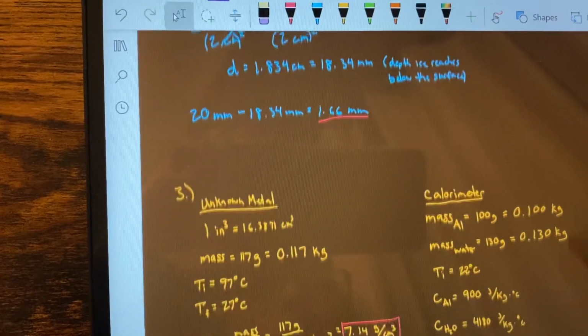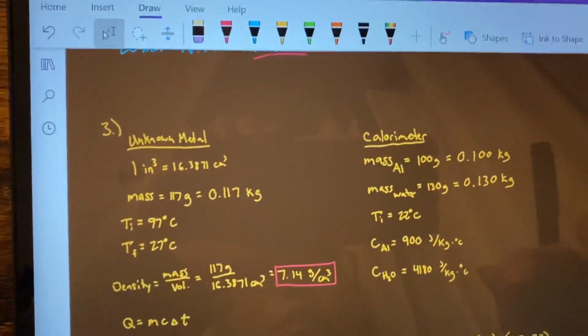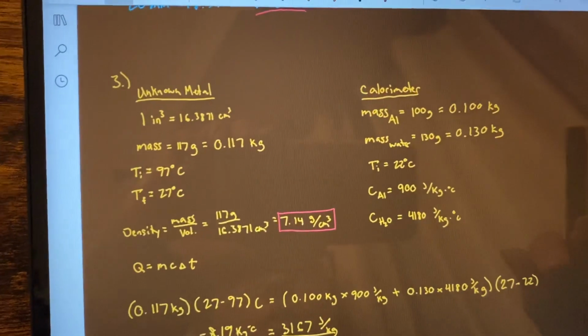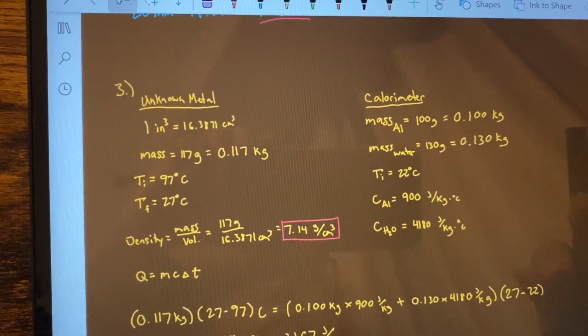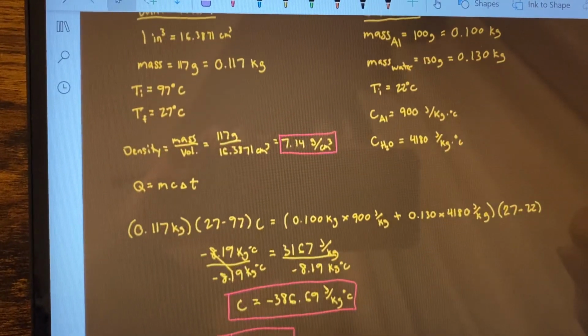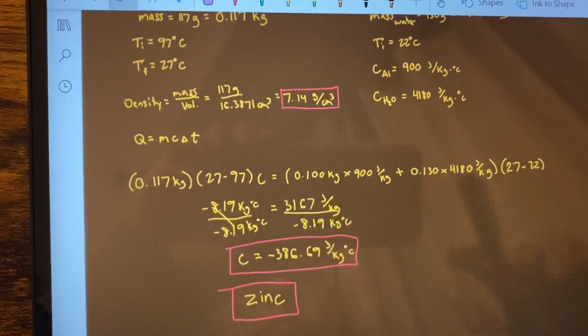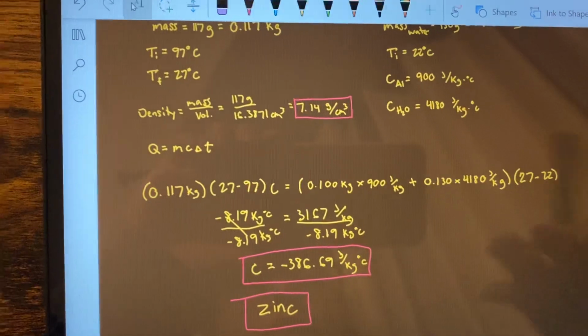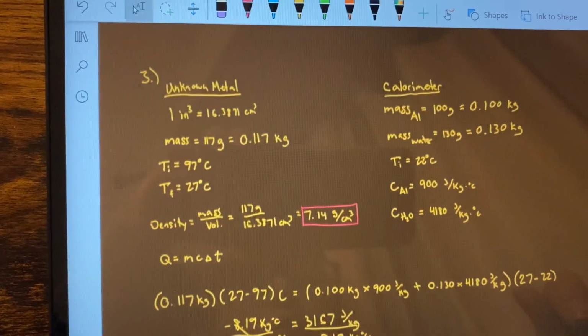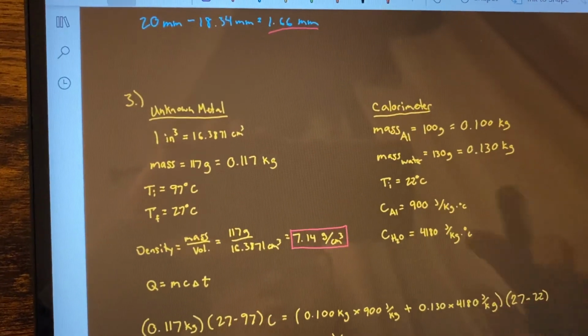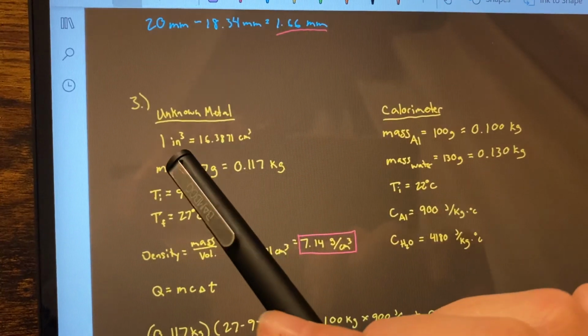and so you can just pour that amount. For the third problem, we were given information about a metal, and then we needed to find the density of the metal and the specific heat of the metal to be able to find out what the metal was. We were given the volume in inches.